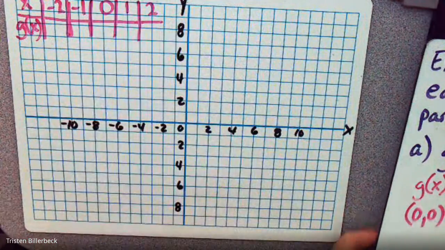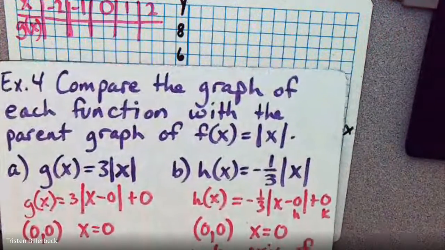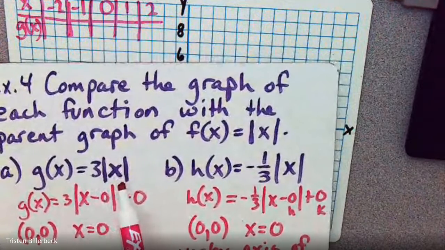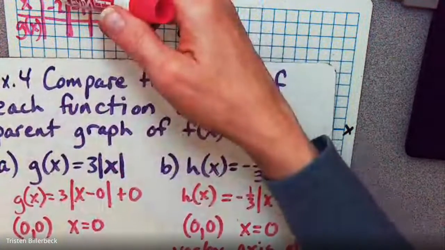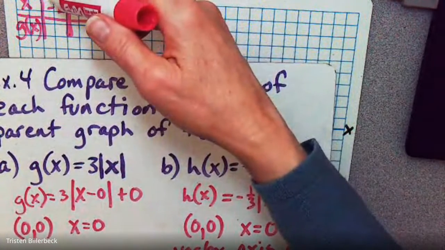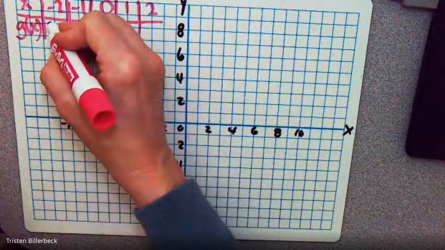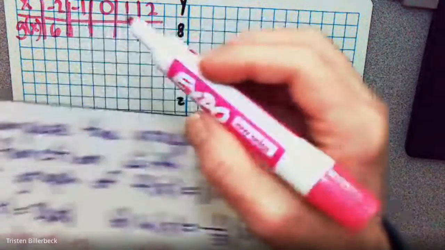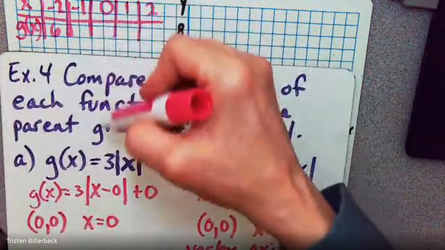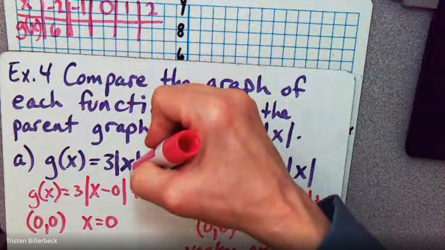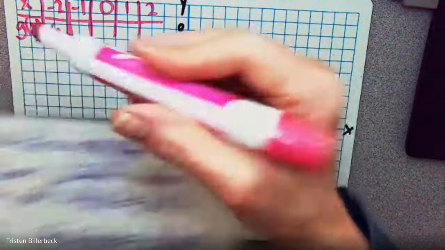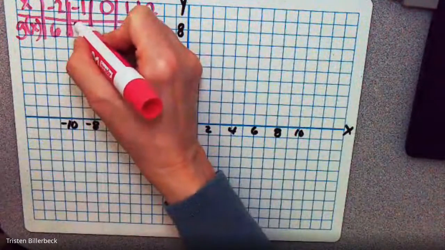Okay, so G of x is 3 times the absolute value of x. So the absolute value of -2 is 2. 3 times 2 is 6. The absolute value of -1 is 1. 1 times 3 is 3.